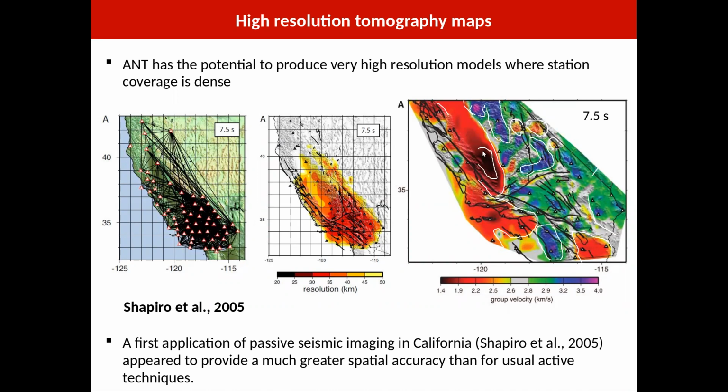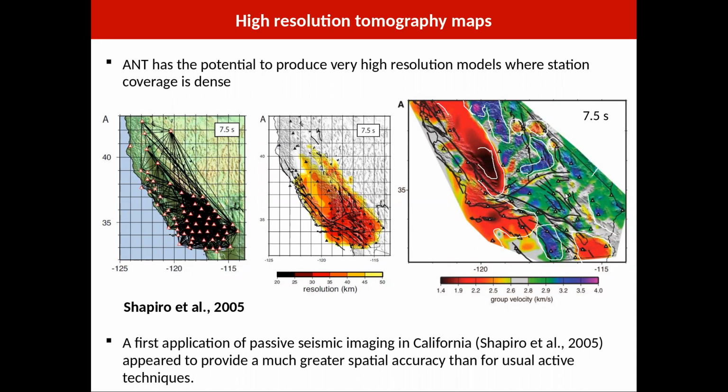So we can say that there is a sedimentary basin in this area, and also in this area. And then the high velocities are popping up because of the igneous rocks. So you can really characterize your lithology and your structures just from the ambient noise data.